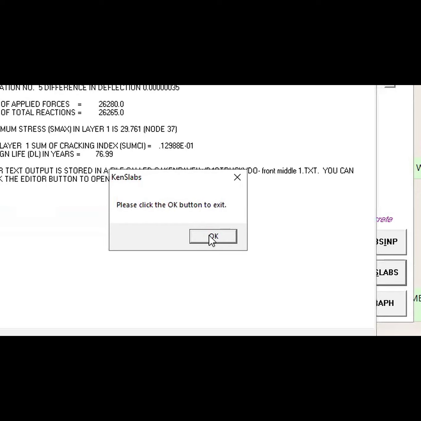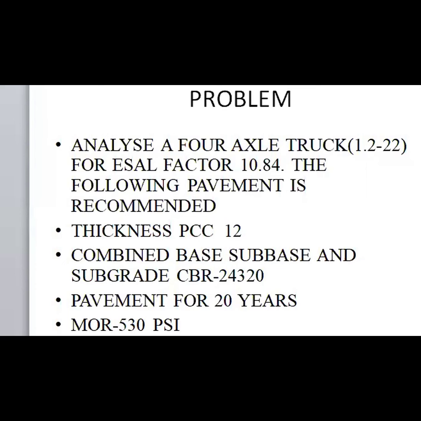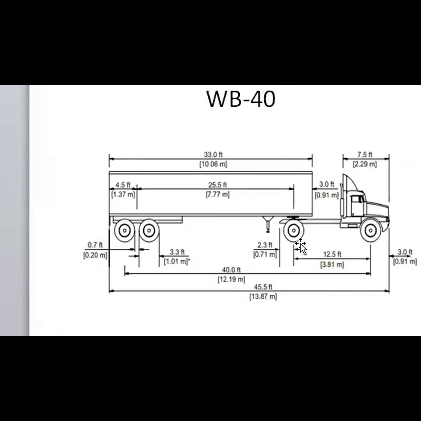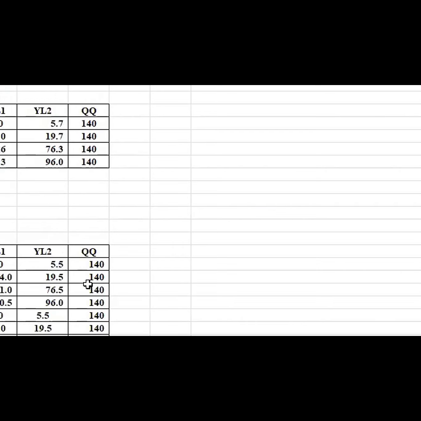Then we analyze the second portion of the problem, that is the analysis between the middle and the rear axle of the truck. For that, we have to create a load table, because there are 4 wheels on the rear axle and 8 wheels on the middle axle.